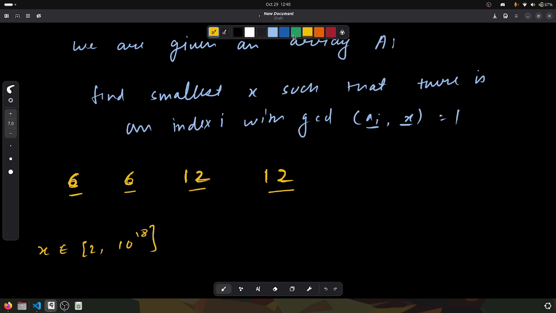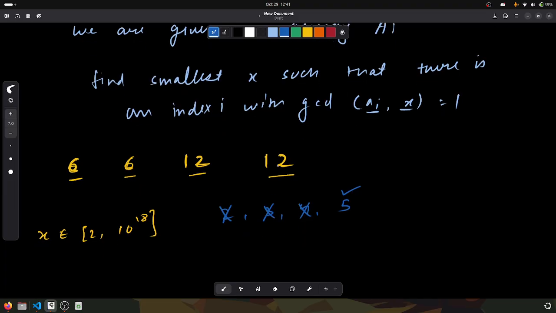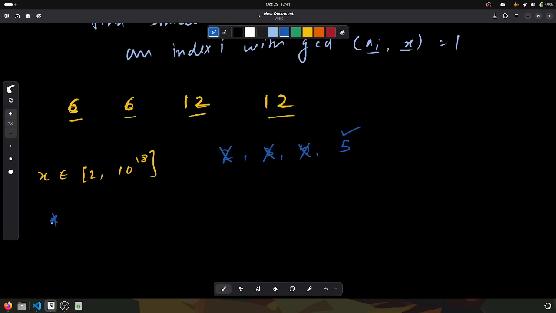So one observation that we can make here is, we checked for 2, we checked for 3, we checked for 4, we checked for 5, and 2 was not possible, 3 was also not the answer, 4 was also not the answer, and for 5 we got the GCD as 1. So 5 was the answer. One observation I can make from this test case is that 2 and 3 both did not manage to satisfy this condition.